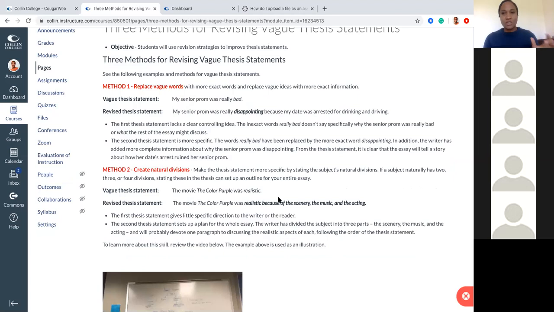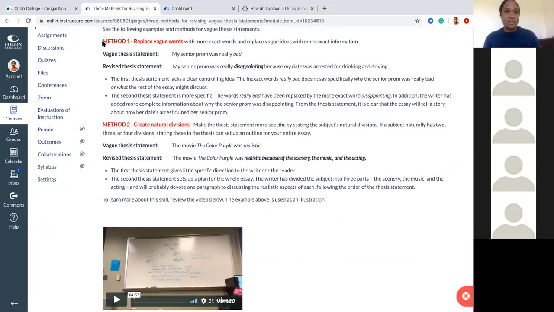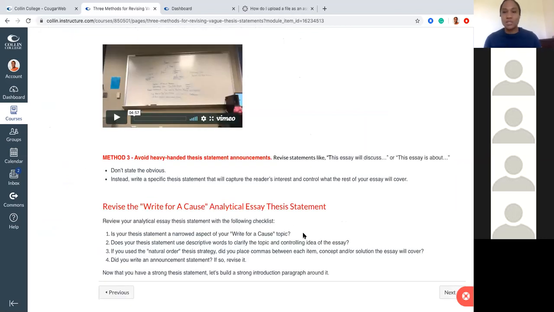Natural divisions are basically the three or four things you're going to talk about in the body paragraphs of your essay. You can create phrases for the topic sentences affiliated with each of those body paragraphs, and then create a natural division in order to have a strong thesis. So you can use more descriptive words or create natural divisions in order to make a good thesis. Are there any questions about that? Okay.